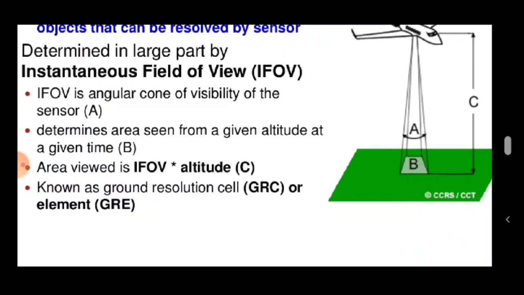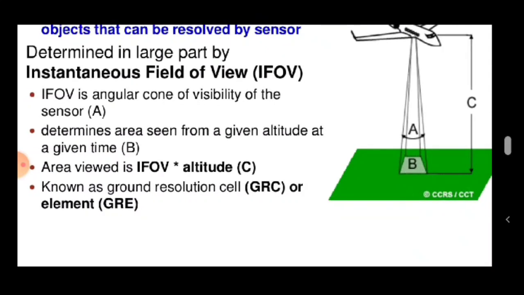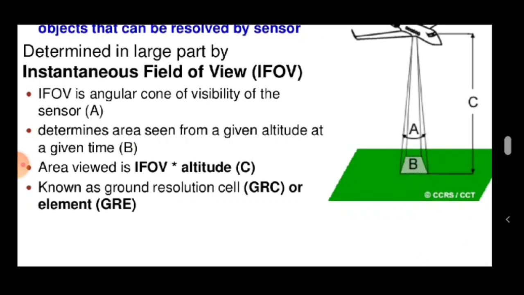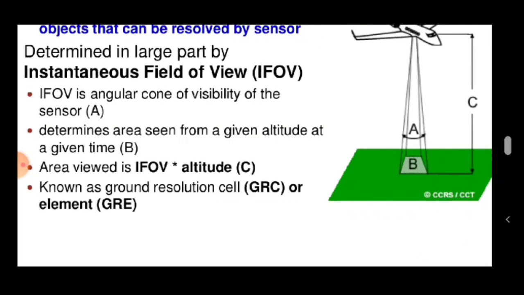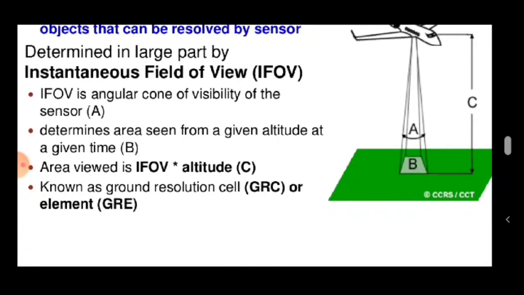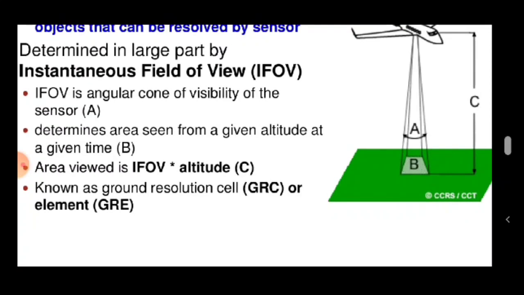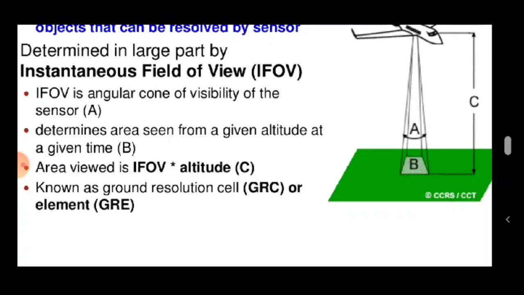IFOV is the cone angle of view of the sensor, or in other words, as I told you earlier, the maximum angle of view within which a sensor can effectively detect electromagnetic energy coming from the surface. So it is called FOV.